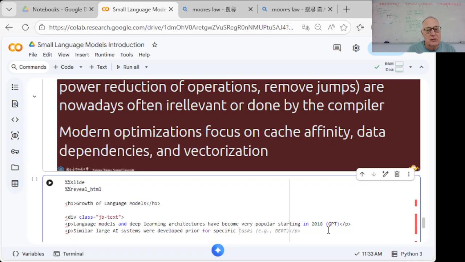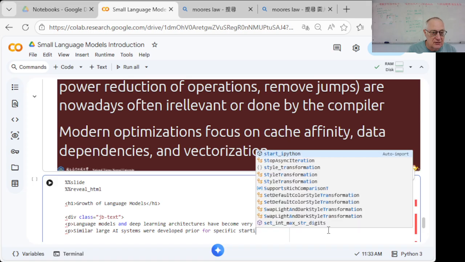But they weren't so general. But they do mention the word2vec algorithms and the BART systems. So starting in early 2000.